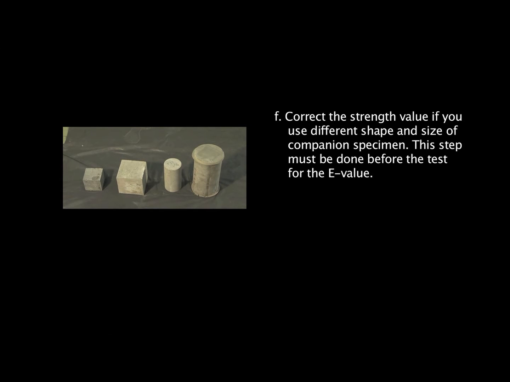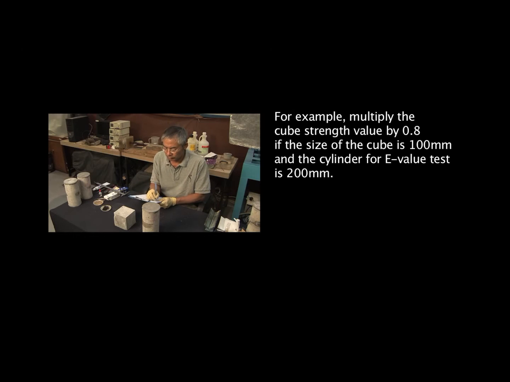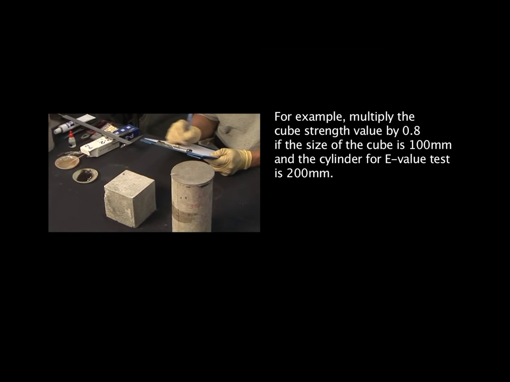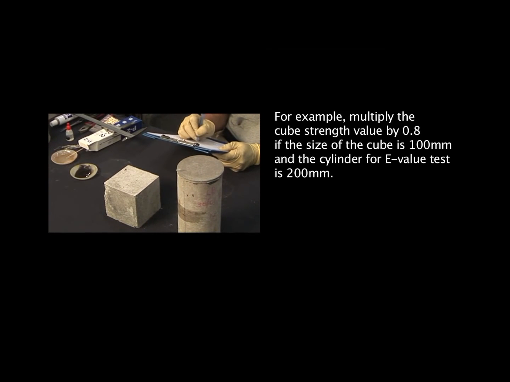This step must be done before the test for the E-value. For example, multiply the cube strength value by 0.8 if the size of the cube is 100 mm and the cylinder for E-value test is 200 mm.